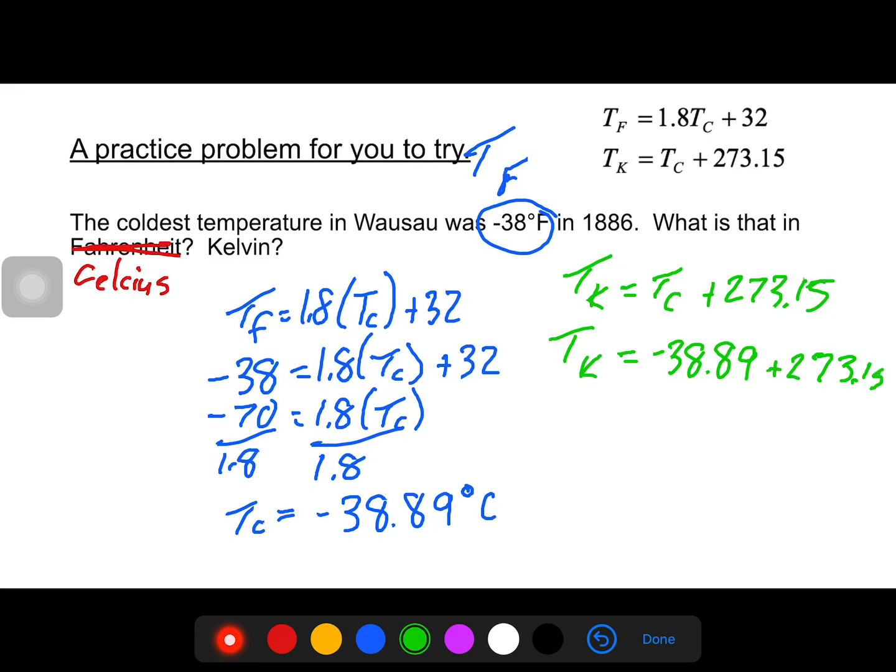Then when we take negative 38.89 and add it to 273.15, we get a temperature in Kelvin of 198.26 Kelvin. Okay, so that's just how we do this.